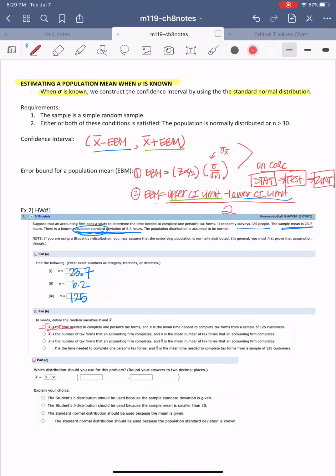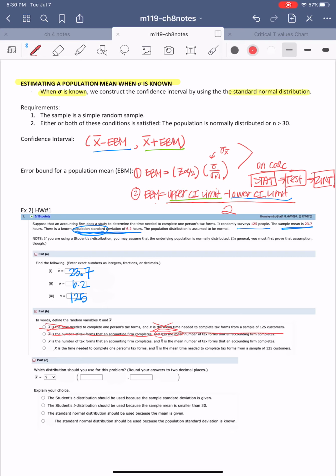And the second says x is the mean. That's not true. It should be the other way, so I can also eliminate the second one too. X bar should have the word mean, but this one has mean with x. So third one, fourth one: x is the number of tax forms that the accounting firm completes, and x bar is the mean number of tax forms.